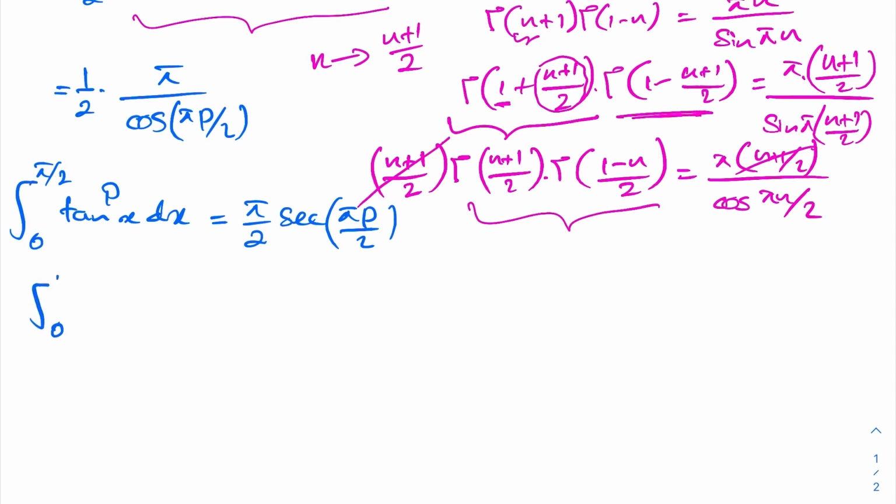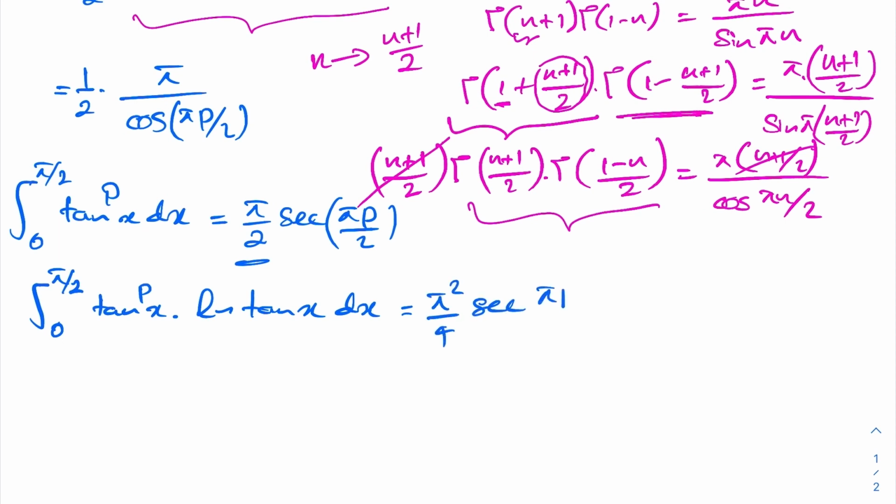So we know 0 to pi over 2, now here we have tan raised to the p of x times natural log of tan of x dx is equal to, now if we differentiate this side, we know the derivative of secant is secant times tangent, and we should multiply by the coefficient of p. So pi over 2, here also pi over 2, so pi squared over 4 secant of pi p over 2 times tangent of pi p over 2.